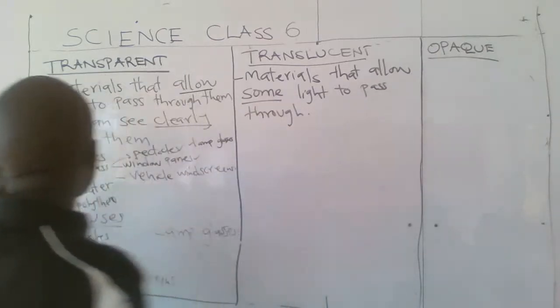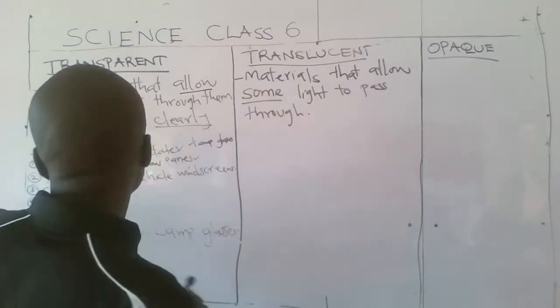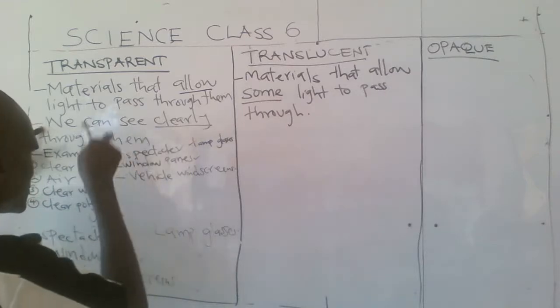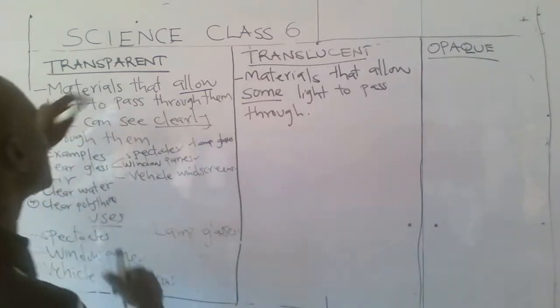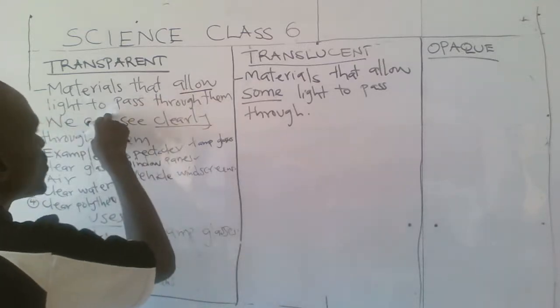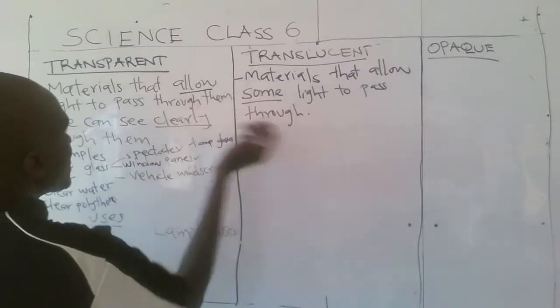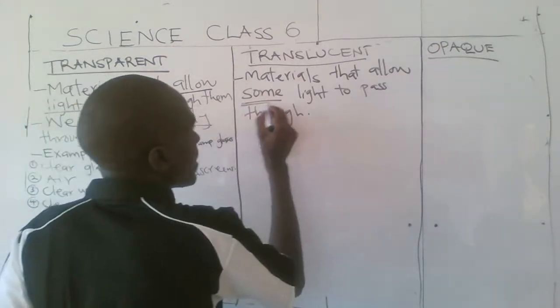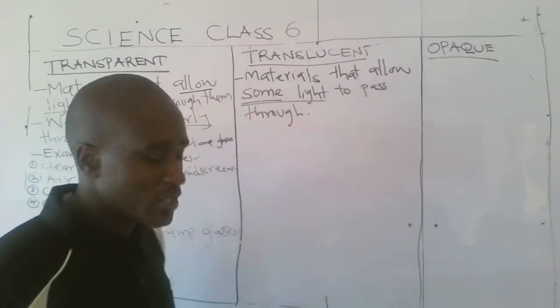Connecting to the transparent materials, the first point we said is that they allow light to pass through them, not some, but all. But this one allows some light to pass through.